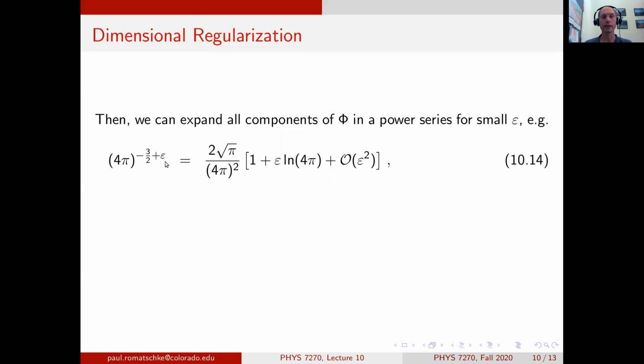And we can just expand this for small epsilon, where we get a leading order term, 4 pi to the minus 3/2 times the expansion of 4 pi to the epsilon, which just gives us epsilon logarithm of 4 pi. A similar expansion also applies for the expression m squared to the power of 2 minus epsilon, which we write as m to the 4 times m squared to the minus epsilon, and then expand the second term here for small epsilon, so we get a logarithm of m squared.